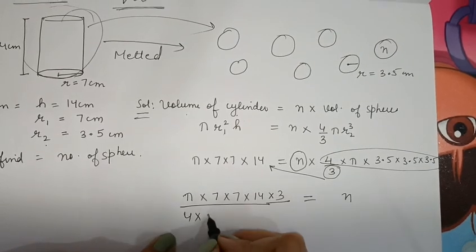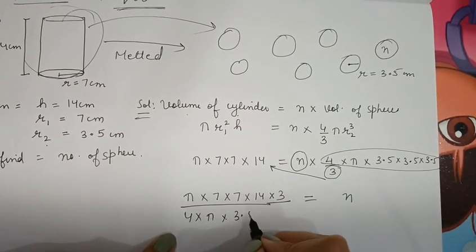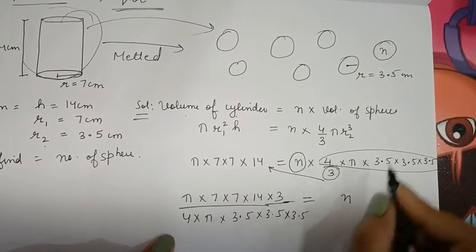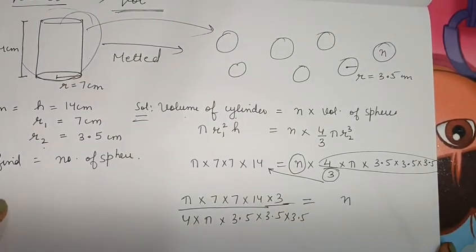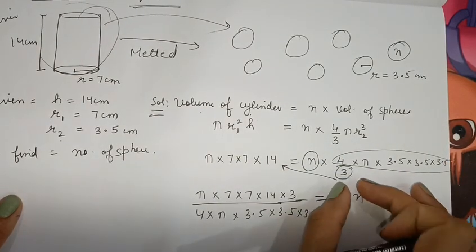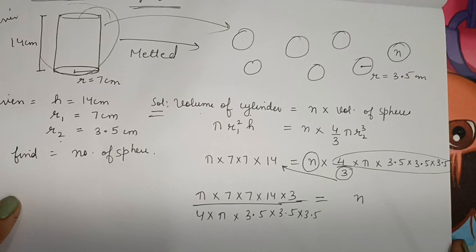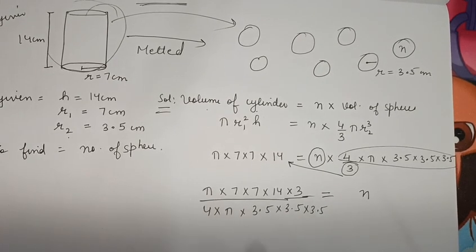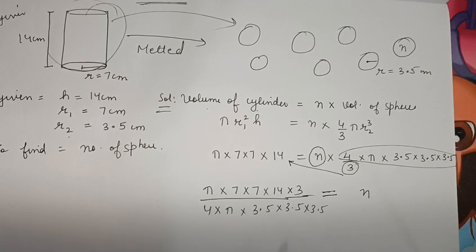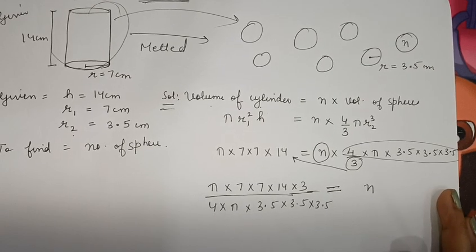So 4 into pi into 3.5 into 3.5 into 3.5. So everything I have shifted to the other side. Numerators will go to the denominator, denominator will go to the numerator when we are shifting the numbers to the other side. Now let's see if any cancellation can be done.